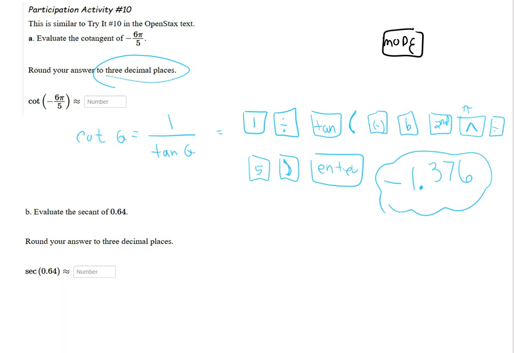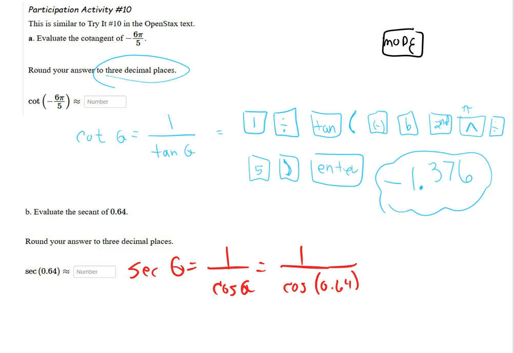And then the second one gives me a secant, and of course the secant of theta is 1 over the cosine of theta. This one will be a little easier because it's going to be the cosine of 0.64.